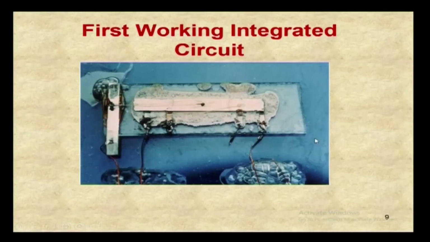Later on, as the technology advanced, the size of the transistor became smaller and smaller. They were able to make a number of transistors on a single silicon, and Jack Kilby made about 10 or 12 transistors on a single silicon crystal, what you see here, and made the first integrated circuit.